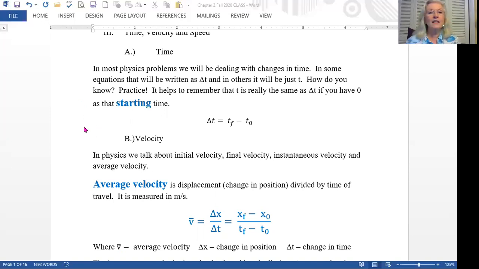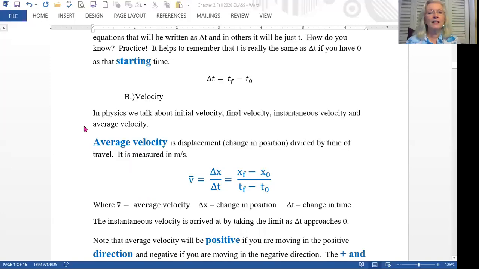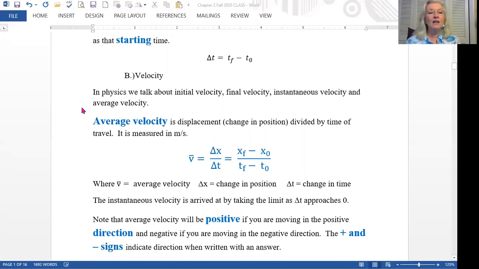So velocity, when we deal with velocity, time, by the way, is always lowercase t. Please don't make it capital. So velocity, we have initial velocity, final velocity, instantaneous velocity, and average velocity. Almost always, we're dealing with initial and final velocities.